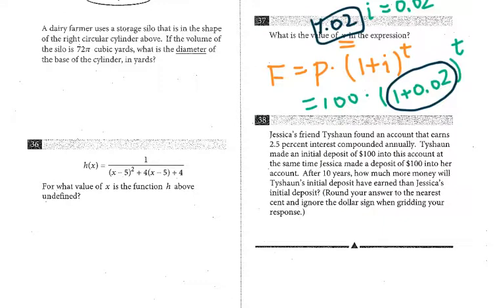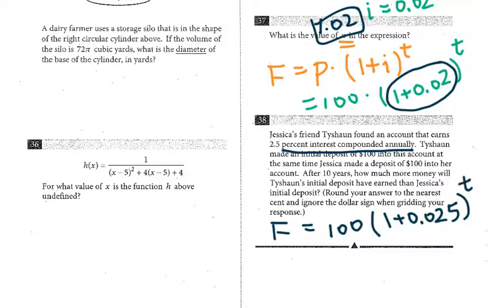For 38, according to the given information, Jessica's friend gets 2.5% interest compounded annually. Therefore, for her friend, the formula will be F equals 100 times 1 plus 0.025, then to the tth power.